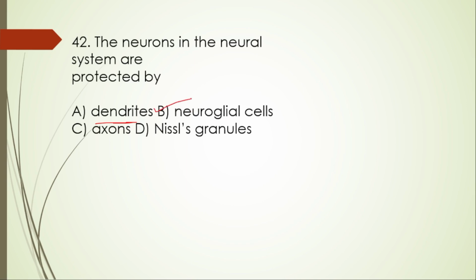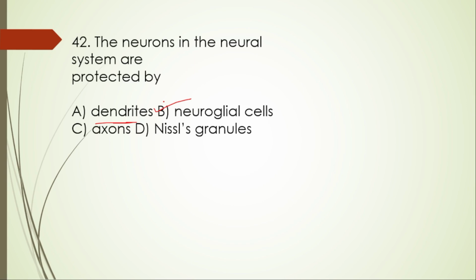And then axons, these are long slender projections of the neurons that conduct electrical impulses away. And Nissl's granules, these are the large granular bodies found in the cell body of the neurons. They are composed of rough endoplasmic reticulum, so protein synthesis takes place here. So the 42nd correct answer is B.